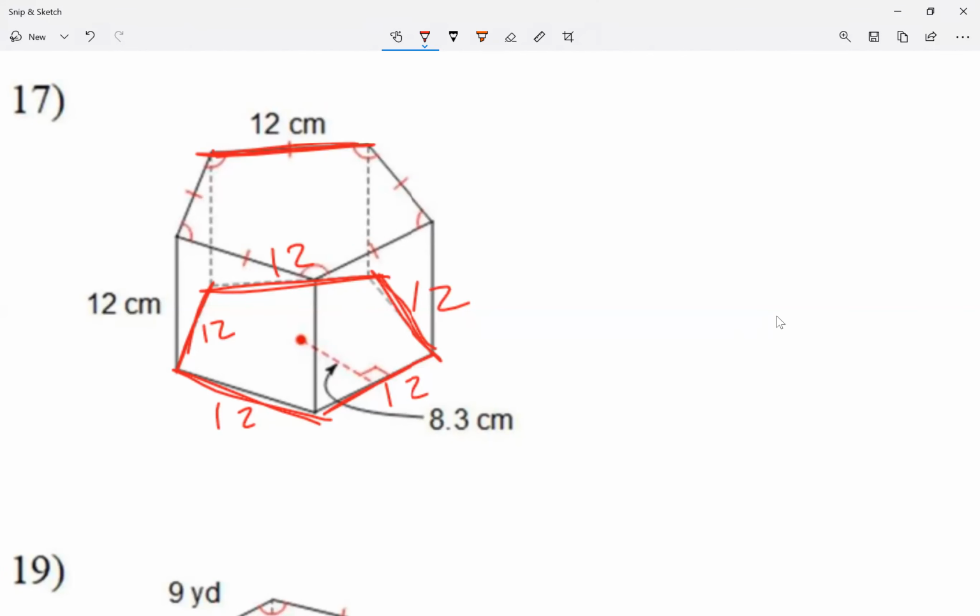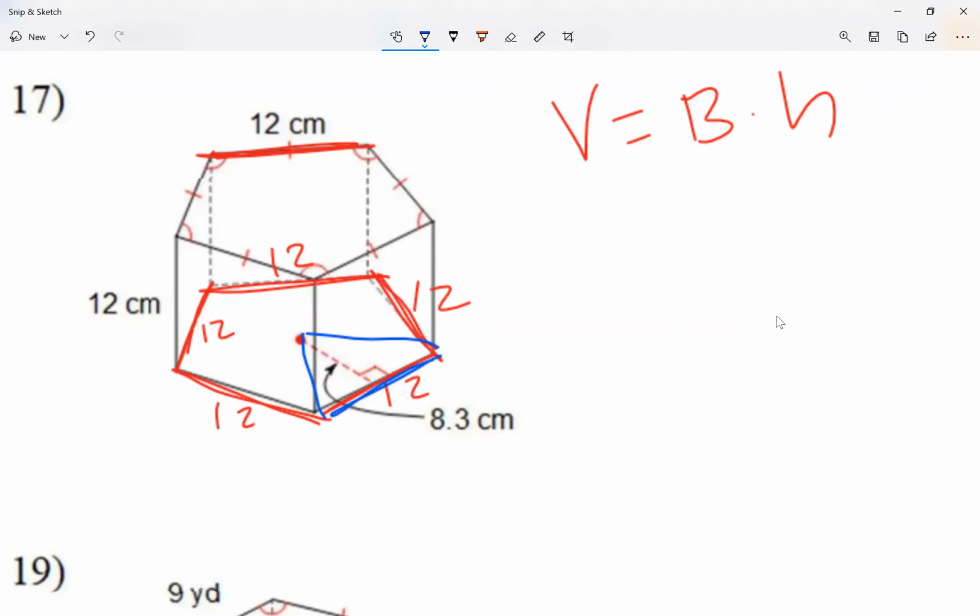Okay, so I remember volume is the area of the base times the height. Let me worry about the base. How do we do the area of a pentagon? I remember I used to tell you guys, look at a triangle. Okay, the dotted line is 8.3. The side is 12.